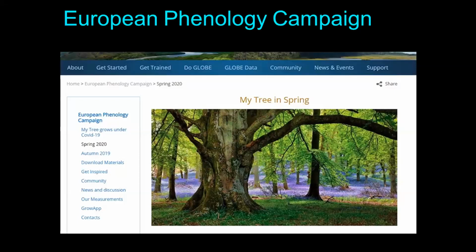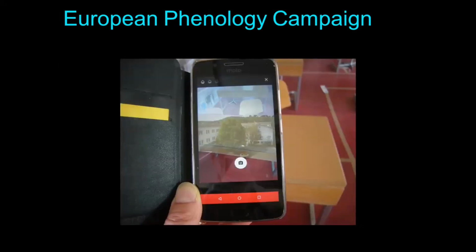Perhaps you have also heard of the European Phenology campaign, which is a cool campaign. I participate in it, and we have a lime tree we observe from the classroom window. It is a very sophisticated idea somebody had. You take your first picture, and then for all the following pictures, the first picture is a little bit in your screen.